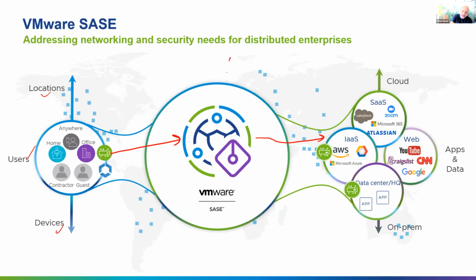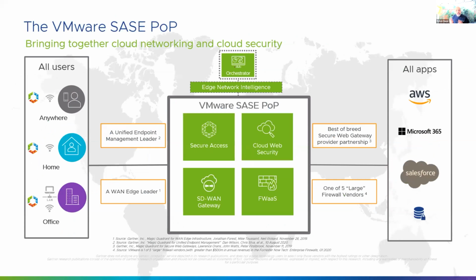And we are going to do a quick double click on this VMware SASE and see what all elements are covered from the networking and security point of view. These are the elements which are part of the VMware SASE architecture. The first one is secure access, which is based on the ZTNA model, zero trust network access.